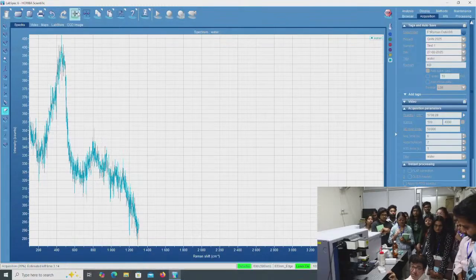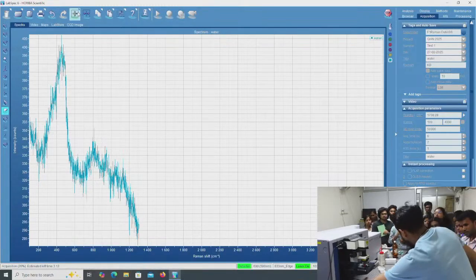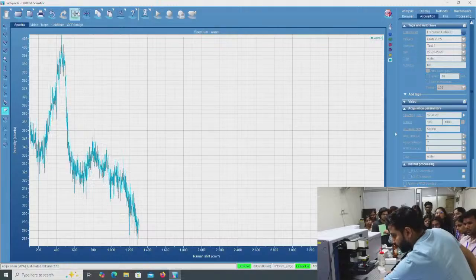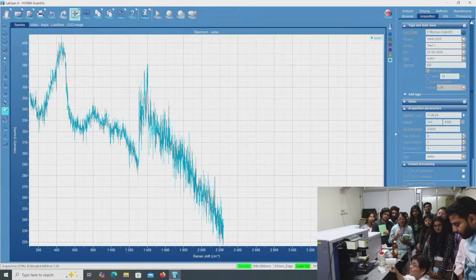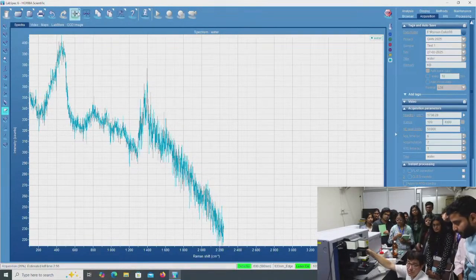Still it looks like glass. So in this case, we should approach the focal point closer.